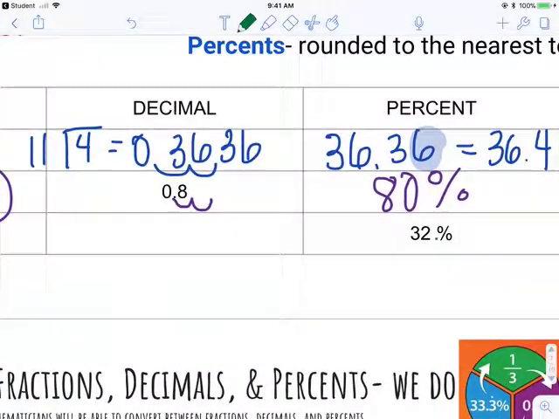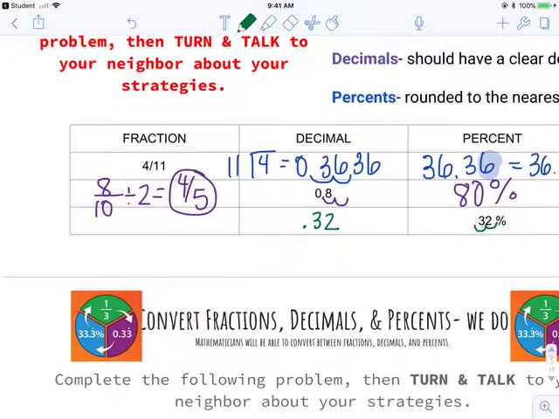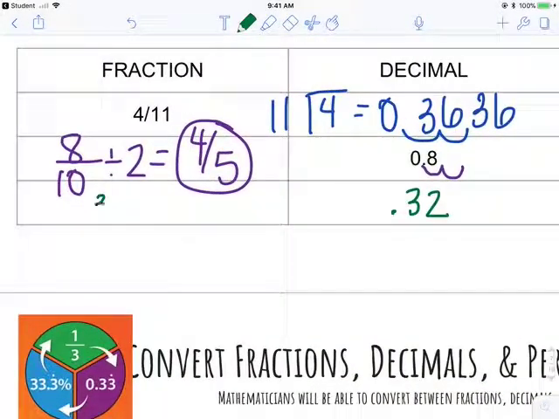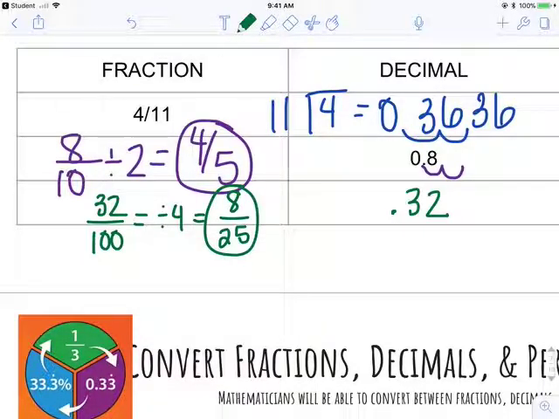Remember that has that decimal at the end. We move it 2 places to the left, and we get 0.32. And that is equivalent to 32 over 100. I'm going to take 32 over 100 and divide it by 4. And I get 8/25 as my simplified fraction.